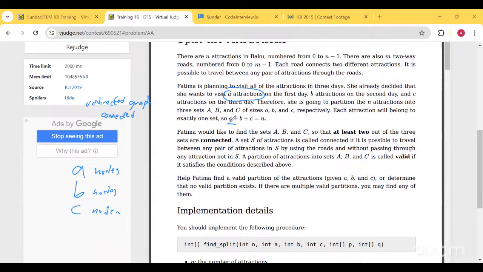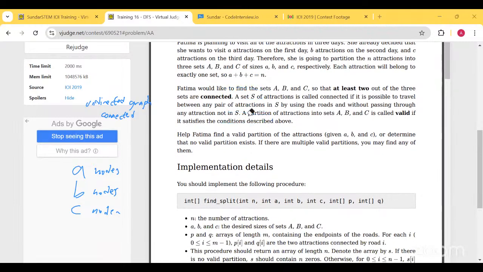And we know A plus B plus C equals N. So it means we must take all of the nodes. We are going to partition the attractions. And every node shall be put into one of the groups, and cannot be put into more than one group. Yes, it is easy to understand, I think.